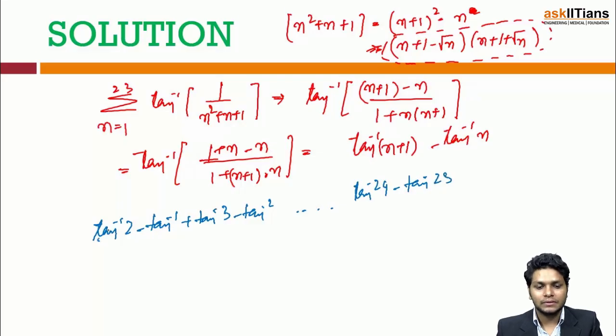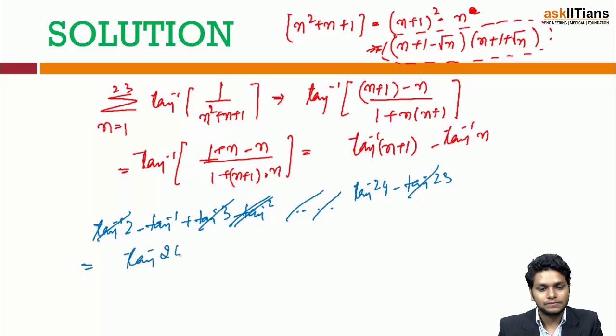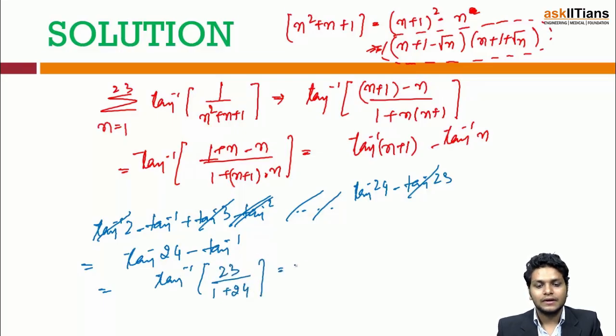As I can see, the first term is getting cancelled out with the later terms, so all these terms will vanish. The answer that I'll be left with is tan inverse of 24 minus tan inverse of 1. If I do the same thing again, tan inverse of 23 over 1 plus 24, so that will be tan inverse 23 over 25.